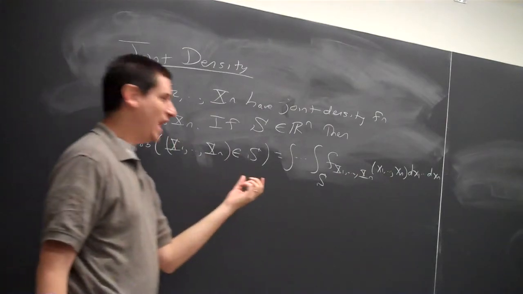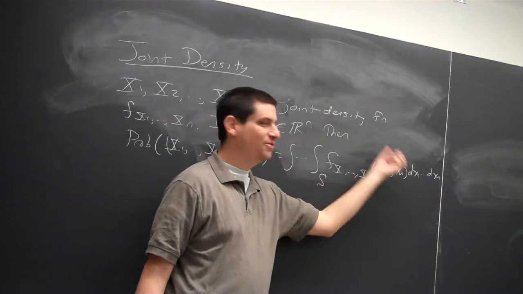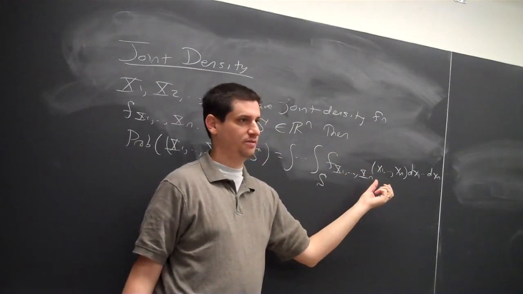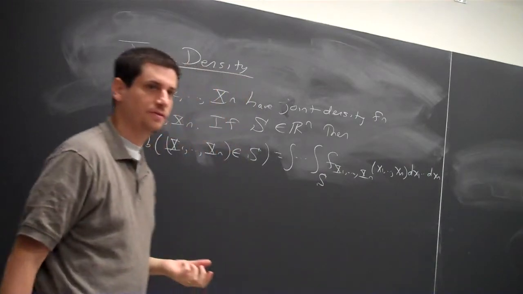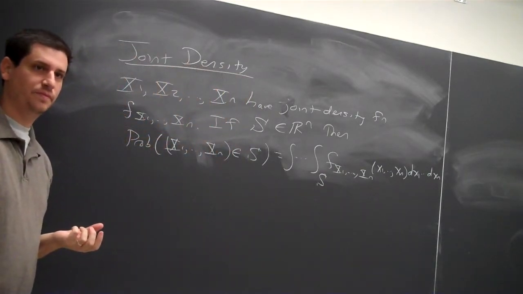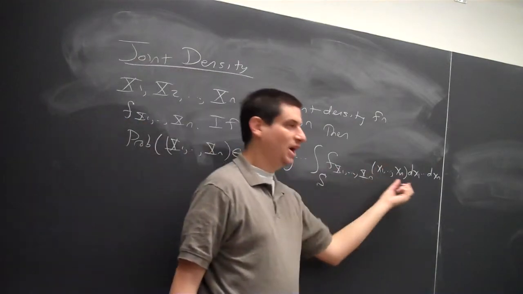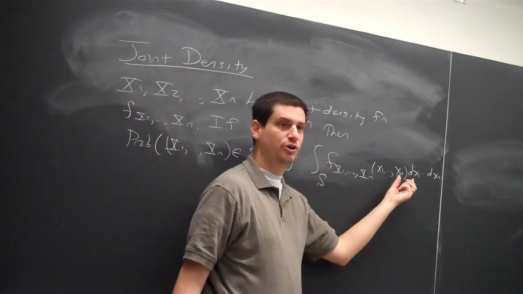Okay. What would happen that would allow us to convert this to one-dimensional integrals? What would we need? The function is separable. I have a function right now that depends on all these.